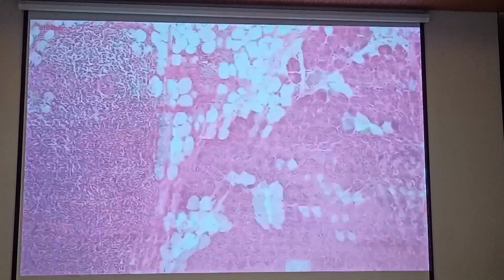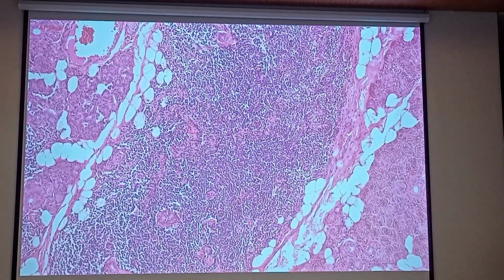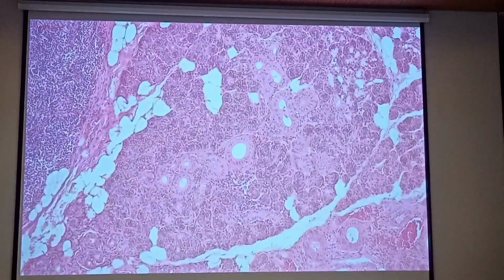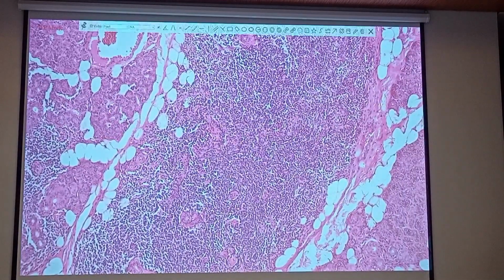However, here, there's something going on. Look at that. So this is actually a lobular structure. So it's got one lobe right here, another lobe right here. But this tiny lobe right here is replaced primarily by your lymphocytic cells.